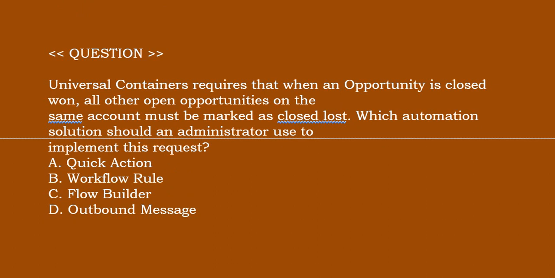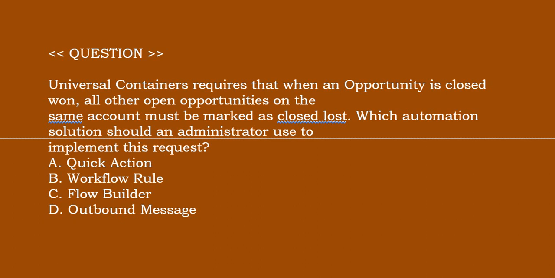Next one. Universal Containers requires that when an opportunity is closed, all other open opportunities on the same account must be marked as closed lost. Which automation solution should an administrator use to implement this request? Option A, quick action. Option B is workflow rule.